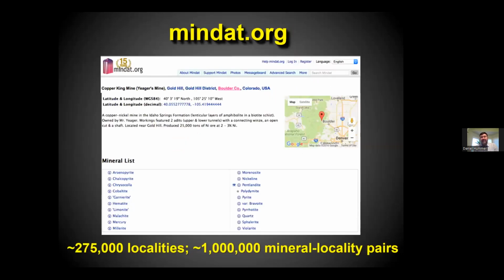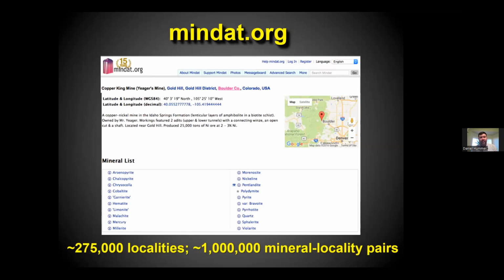So another key place that we get data, and this is for the most part where we get our locality data. Where do all of these minerals occur in the world? Well, there is a website, mindat.org. Again, this is maybe one that some of you have used before. It's a marvelous online database. It's, again, searchable.